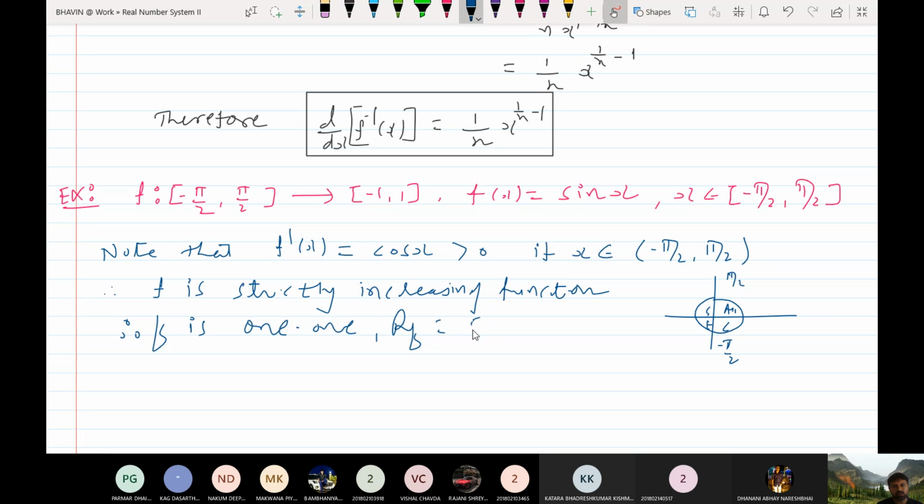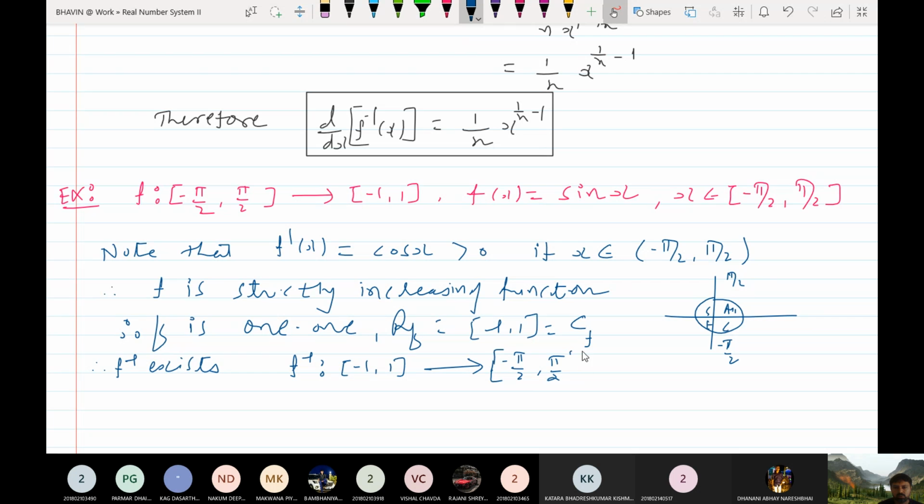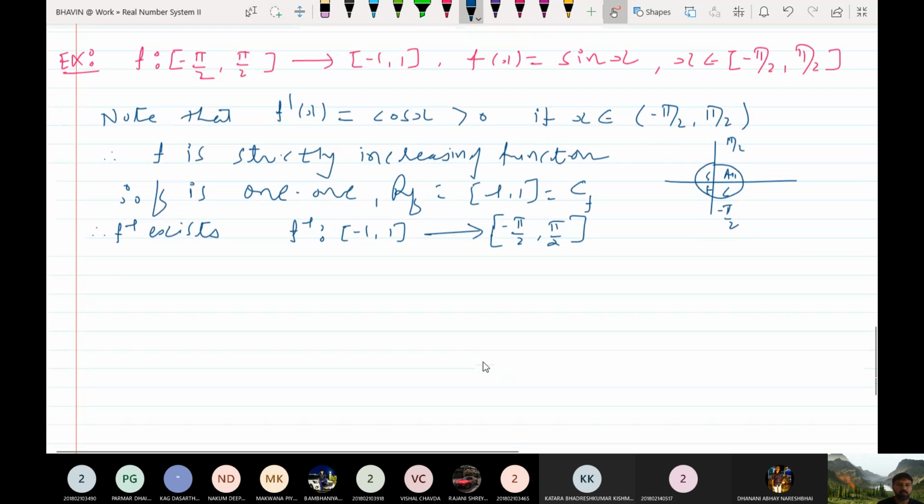Range of f is equal to closed interval minus 1 to 1 is equal to codomain of f. Okay, so therefore f is onto also, therefore f inverse exists. And what is inverse function? f inverse is a mapping from where to where? Minus 1 to 1 to minus pi by 2 to plus pi by 2. Clear?